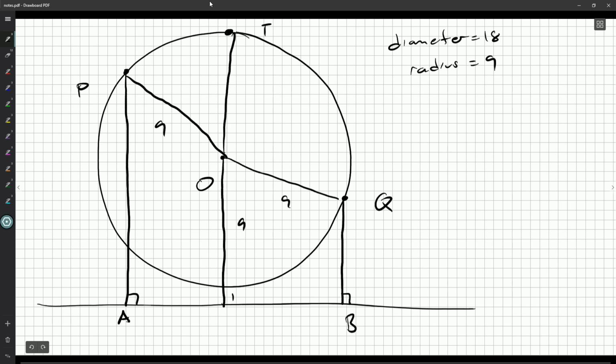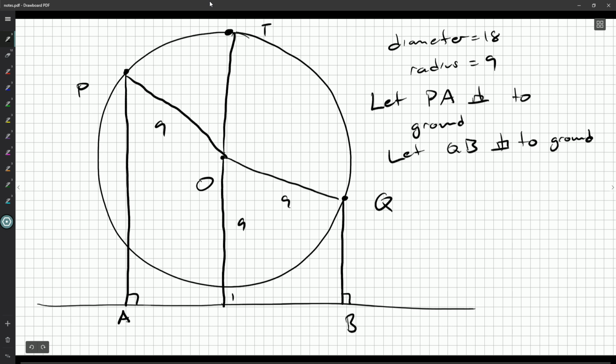As soon as I can figure that out, we're all set. Okay. So let PA be perpendicular to ground. Let QB be perpendicular to the ground.